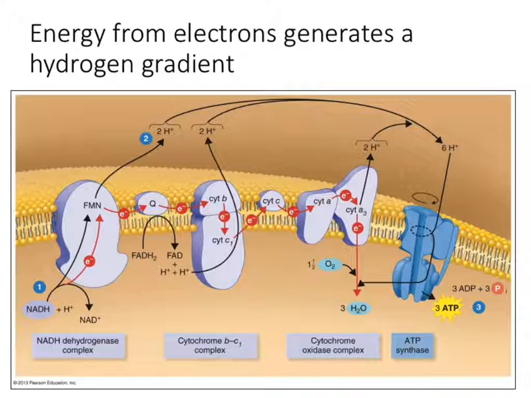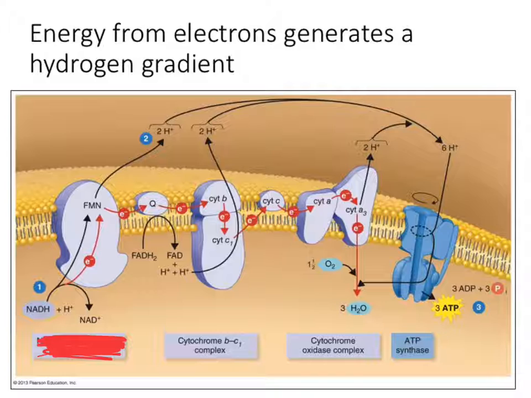Okay. So high energy electrons from NADH and FADH2 will go into this chain. Cross that out real quick. Hope nobody saw it. NADH drops off the electrons, becomes NAD. What kind of reaction is this? Redox reaction.